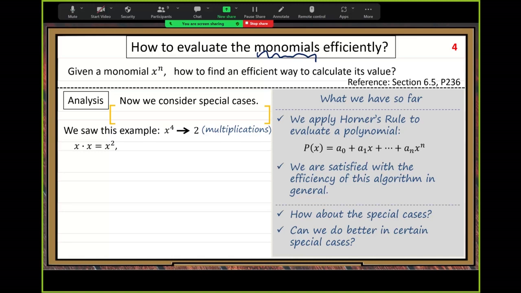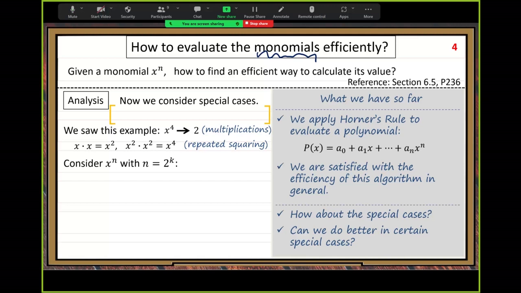The first time, x times x equals x squared. Second time, x squared times x squared equals x to the 4th. So here we call this technique repeated squaring. Can we keep doing this again and again if the exponent n is a power of 2, 2 to the kth power?